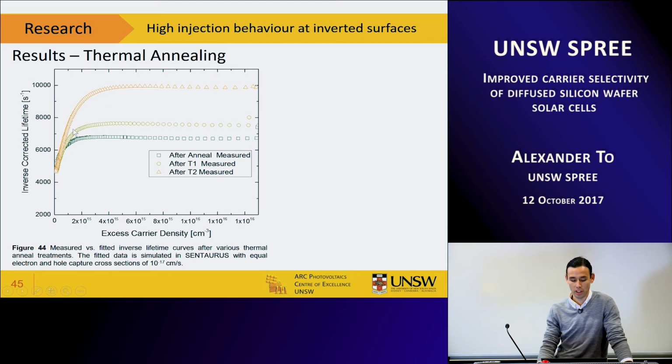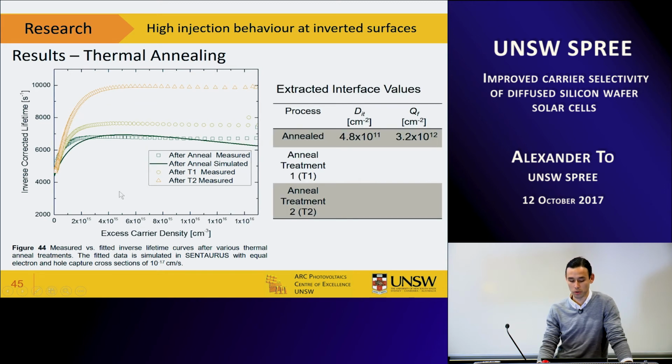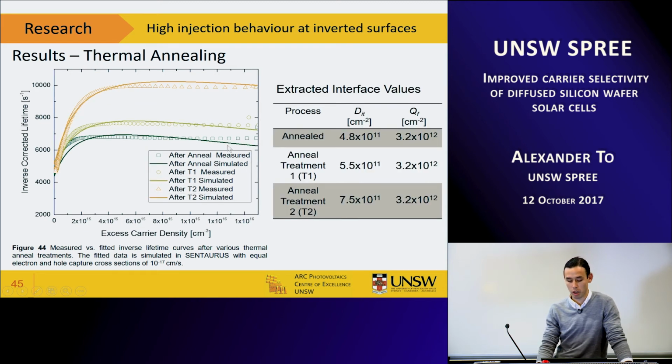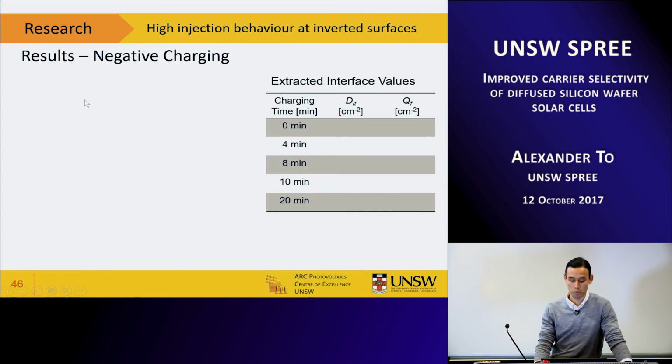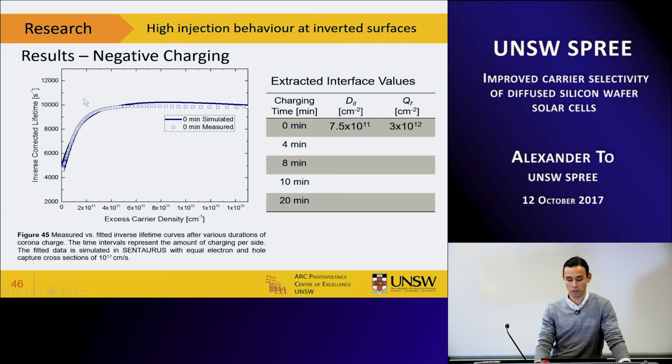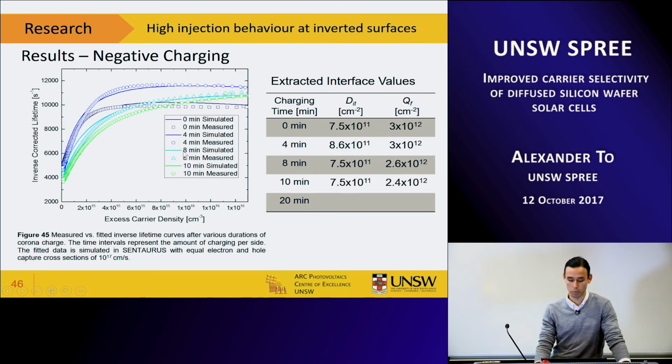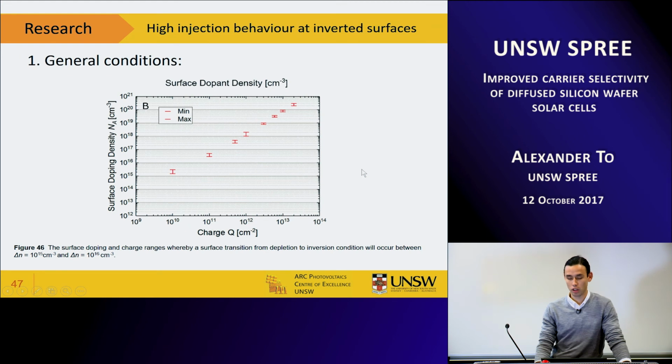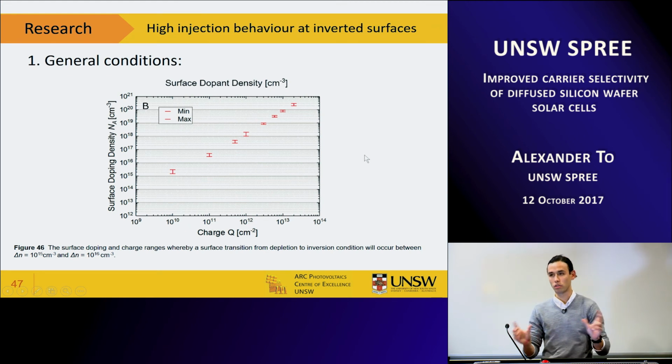This is a sample which got 3 sequential anneals, and we're able to fit that by mainly showing that the DIT has changed. Similarly, we took a sample and subjected it to corona charging, and we're able to fit it predominantly by changing your fixed charge. Basically what we're able to show is that these two things have different signatures, so you can separate those two things out.